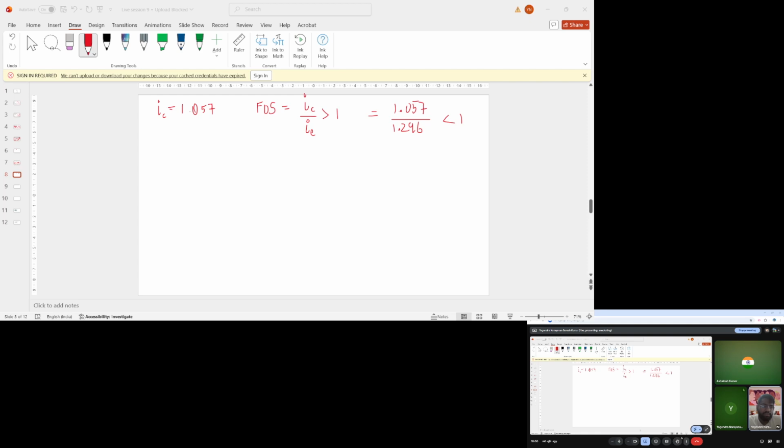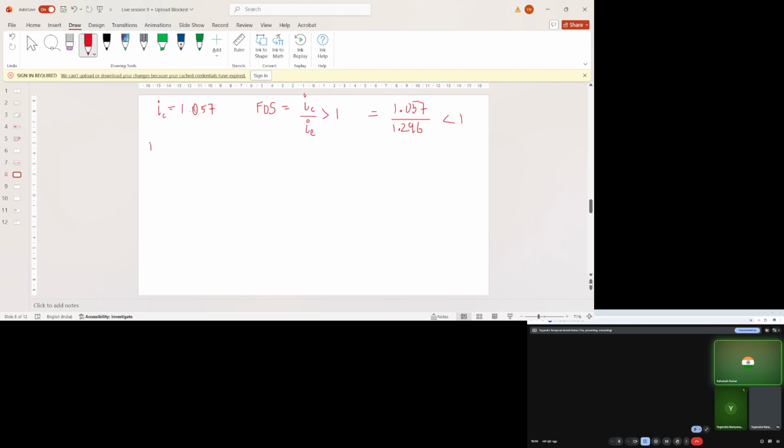Is the dam stable or not? It is unsafe. So the dam is not stable. All right. Any doubts? No, sir.